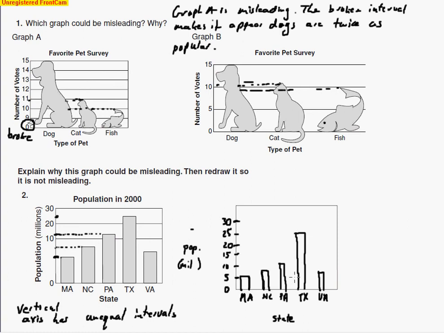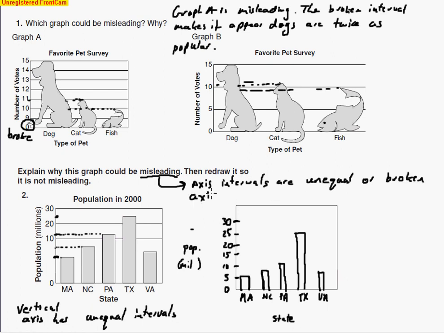And so there it is. There's our redrawn one. So again, the key on these, when we look for misleading information, look at the axes. Make sure the axis intervals are not unequal, or that you don't have a broken axis.